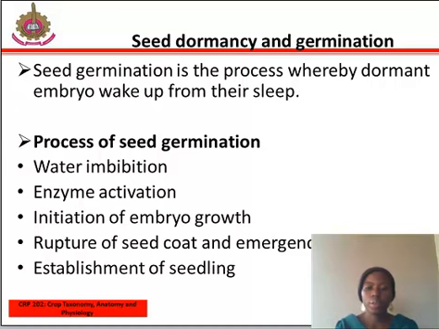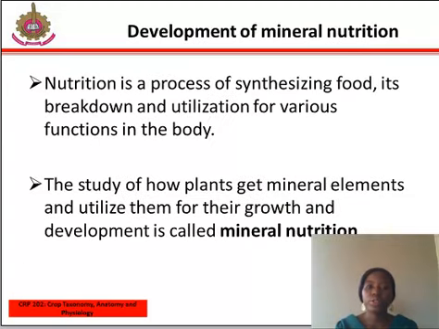Rupture of seed coat and emergence of seedling. Rupture of the seed coat is caused by swelling or sometimes emergence of the plumule and/or radicle. 5. Establishment of seedling. A seedling is established when it starts to absorb water through the primary roots and is able to manufacture food through photosynthesis.